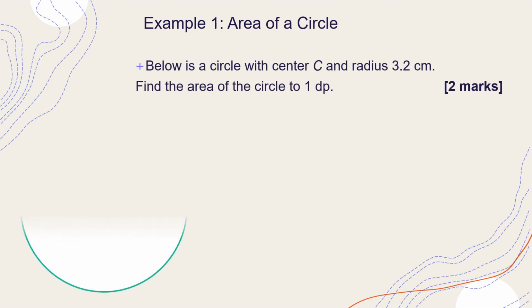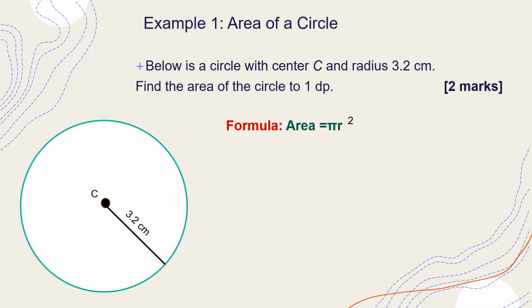Here's example 1 for the area of a circle. The question says below is a circle with the center C and the radius is 3.2 centimeters. Now find the area of the circle to one decimal place. First things first, we always have to write a formula before even starting our question. The formula is area equals pi r squared, where r is the radius, which is 3.2.